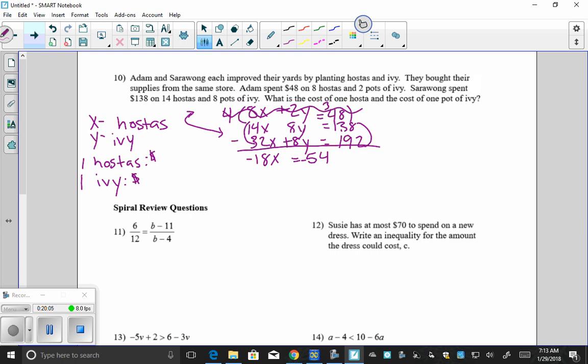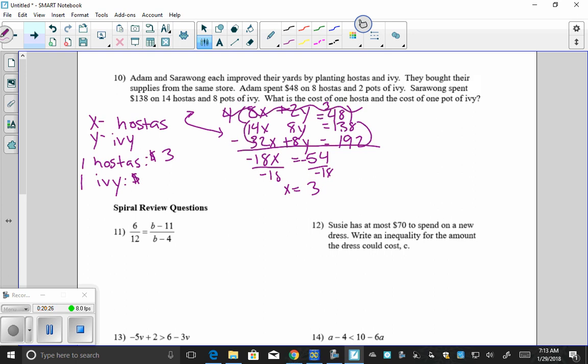So from here, you're going to divide both sides by negative 18, and you get x equals 3. So the cost of one hosta here is $3.